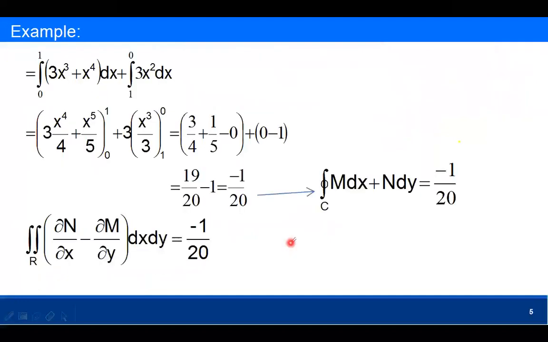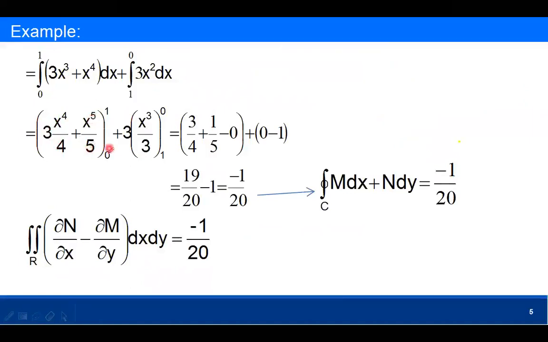So now integral 0 to 1 of 3x cube plus x raised to 4 dx, plus integral 1 to 0 of 3x square dx. So therefore substitute in this, integrate this: 3 into x cube integral x raised to 4 by 4, plus x raised to 4 integral x raised to 5 by 5, between the limits 0 to 1.